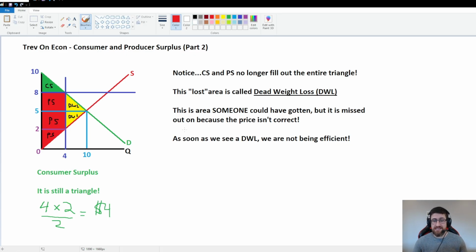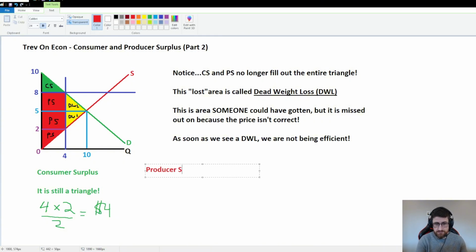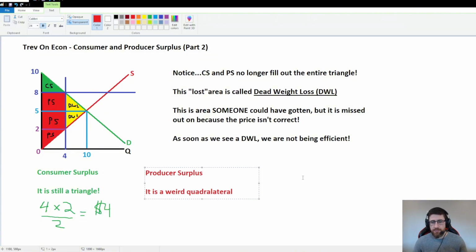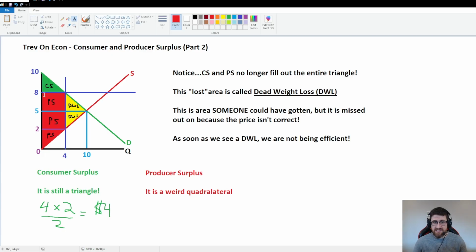Producer surplus is a different beast. Okay? It is a weird quadrilateral. I think that's how you spell that word. Quadrilateral, probably. Okay? Meaning, it's a weird 4-sided shape that we don't have a formula for. There's no formula that I'm aware of that would tell you the area of this weird shape here.